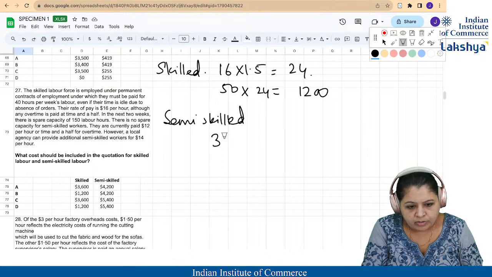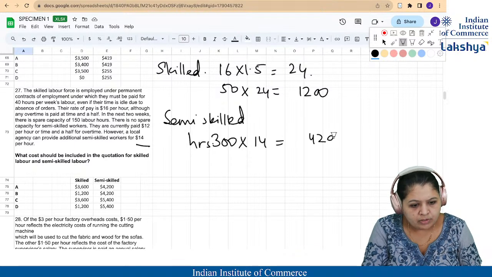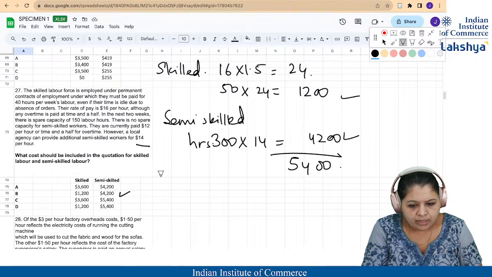So we are just going to get those semi-skilled labor hours from the agency, which is charging $14. So that comes to 4,200, making it 5,400. So 12 and 42, your answer is B.